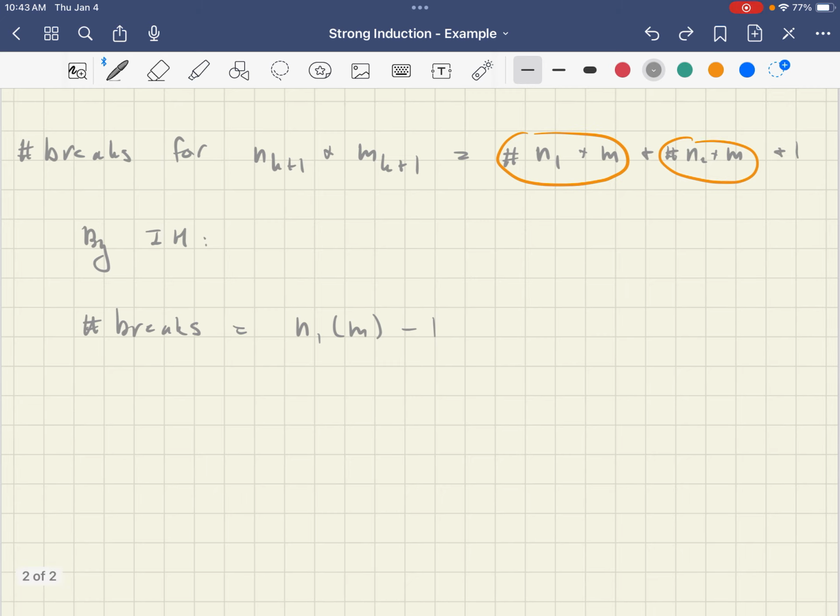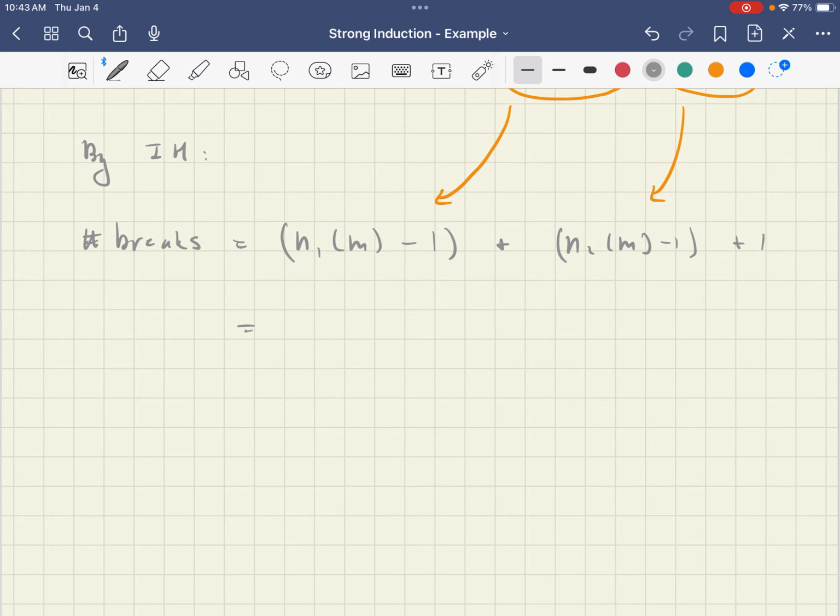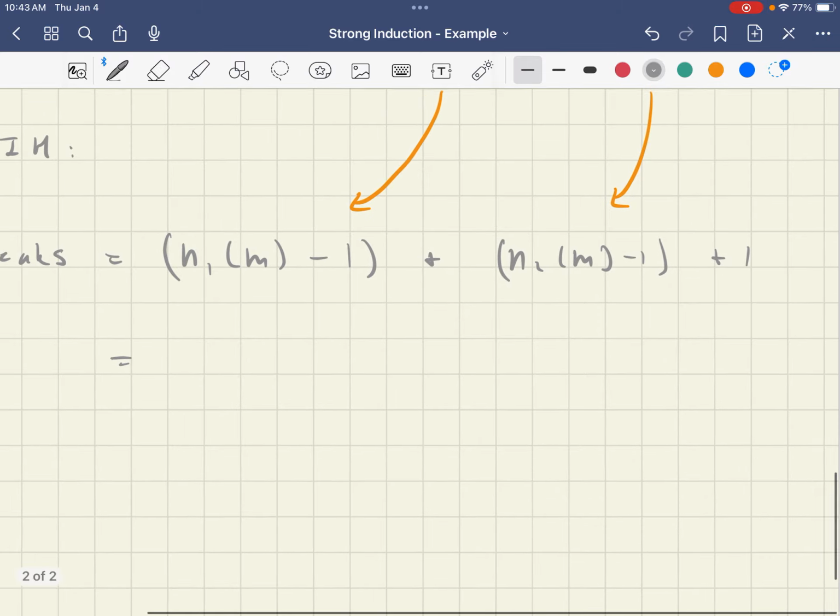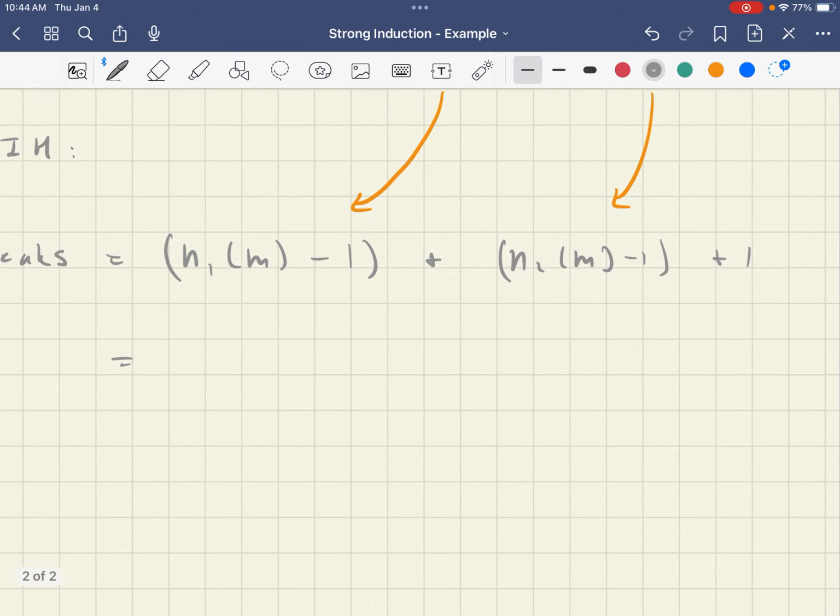Okay, so moving on. Now we can sub in the formula that we assume for n1 and for n2. Let's put these in brackets, and we can't forget that plus 1. Now I'm going to do some very simple algebra to bring these 2 terms together, right?